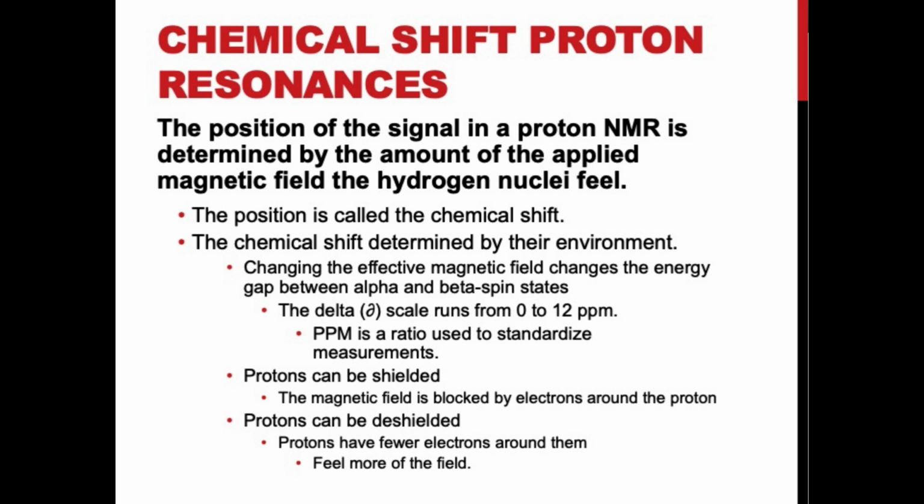Protons can also be de-shielded, where they have fewer electrons around them and they feel more of the magnetic field from the NMR. So you either are protected from the field by your electrons, or you're exposed to the field because you don't have very many electrons around you.